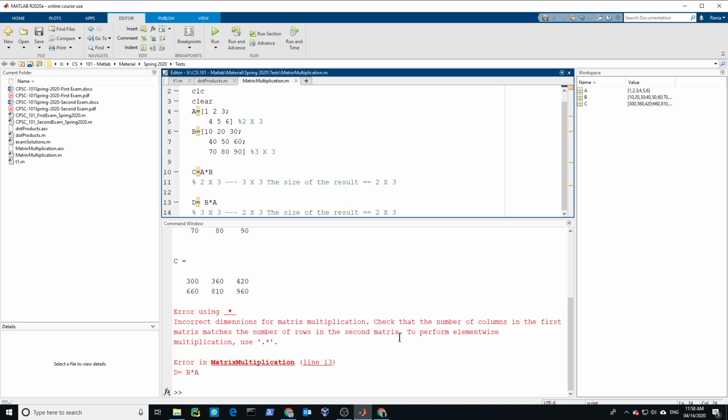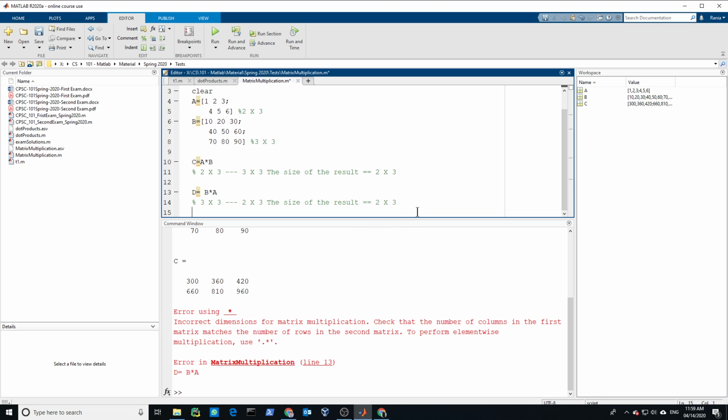All right, so we concluded from this that a multiplied by b does not equal b multiplied by a.